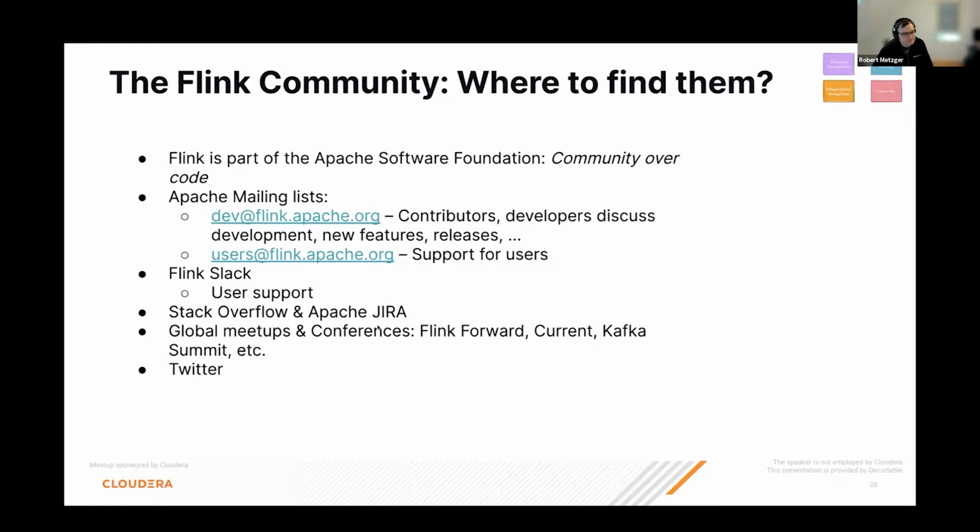And then there's meetups and conferences where the community is meeting. There's a conference called Flink Forward. Also at the current conference organized by Confluent, there are quite a few Flink talks by now, also at the Kafka Summit, and other global conferences. And finally, there's people on Twitter that you can meet that are from the Flink community.